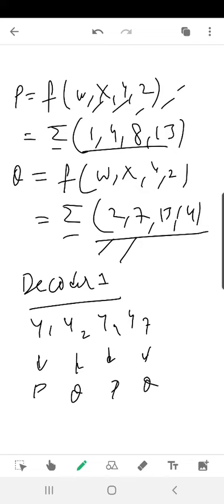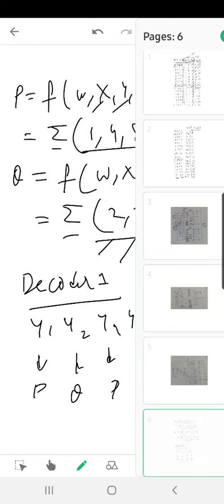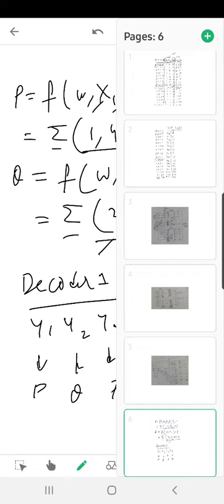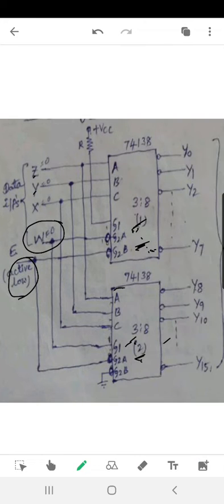So let's go to the diagram. This was our diagram for our 4:16 decoder.